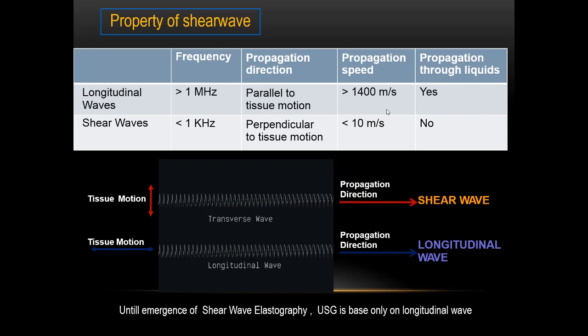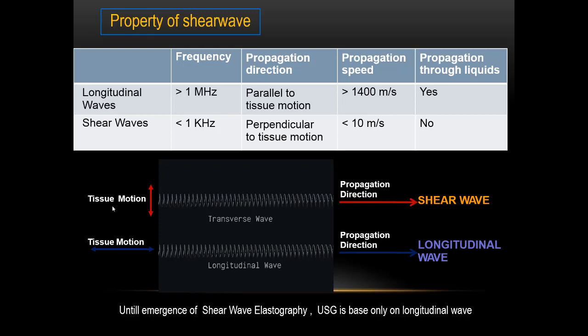This is the regular one; shear wave is different. Basically, shear wave is a low frequency sound. When it passes through tissue, it causes tissue motion and lateral shear wave propagation. The shear wave speed is normally less than 10 meters per second, and this correlates well with the stiffness of the tissue it passes through.